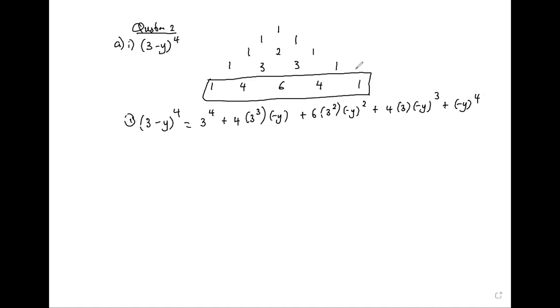So the numbers will be 81, plus 27 by 4, that is 108, times minus y, and then plus 9 times 6.